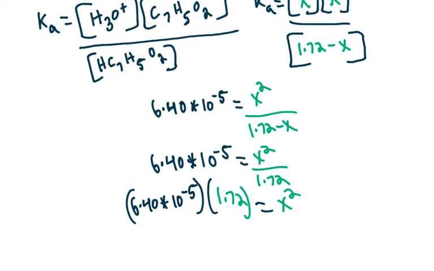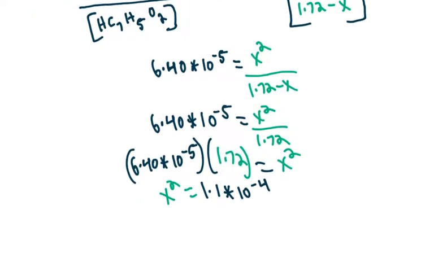If you go and do that, you're going to get X squared equals about 1.1 times 10 to the negative 4th. Now we go ahead and square root. So X equals the square root of 1.1 times 10 to the negative 4th.